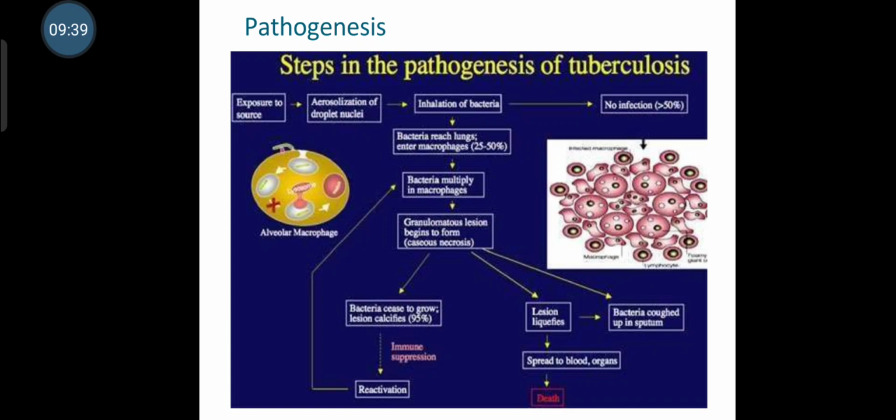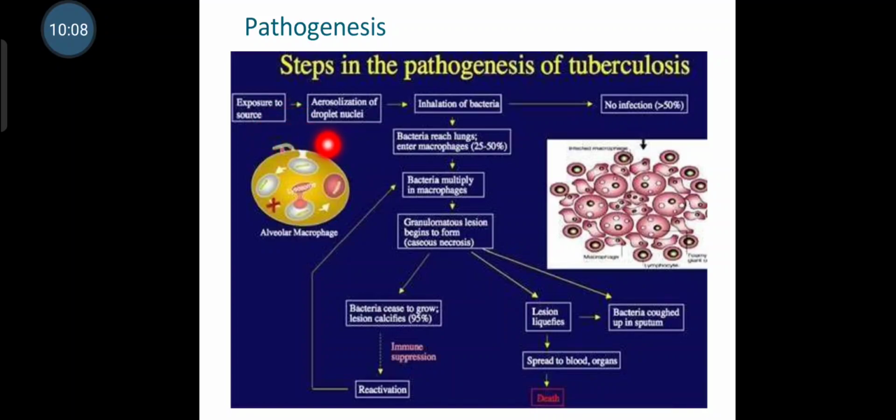Steps involved in the pathogenesis of tuberculosis. Whenever there is exposure to the source, if a person is infected with Mycobacterium tuberculosis and is suffering from tuberculosis, that person spreads aerosols or air droplets of this bacteria, which are inhaled by a normal or healthy person.